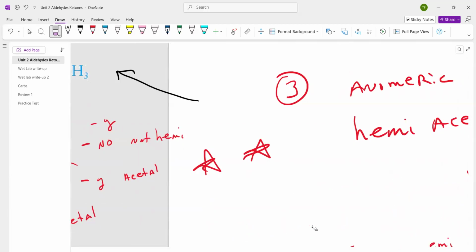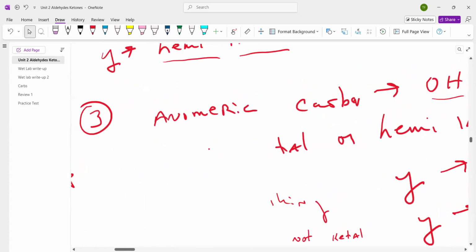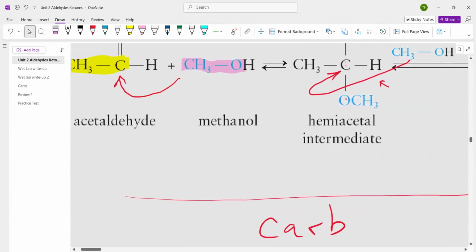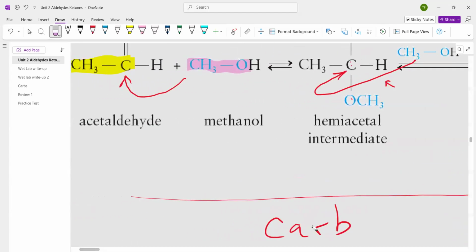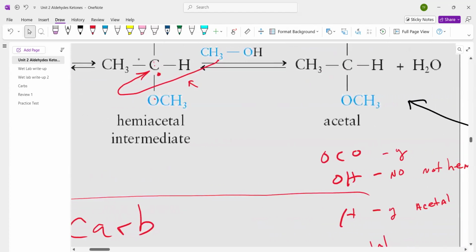And that's why I invented this little flow gimmick. Now, over here I mentioned an anomeric carbon. Anomeric carbons are where the original carbonyl group was located.